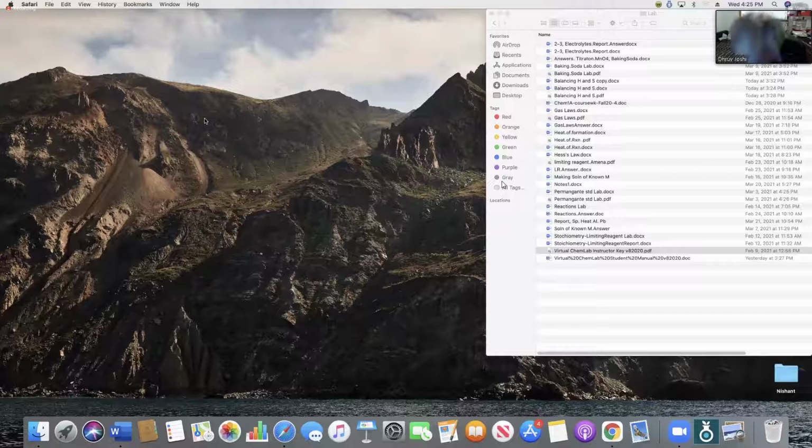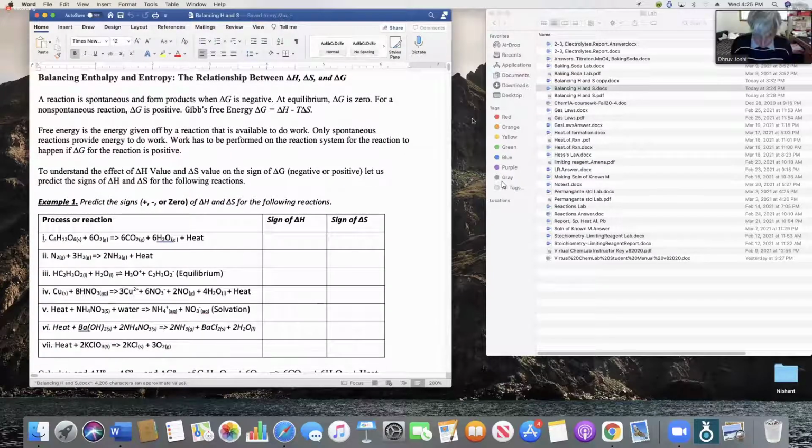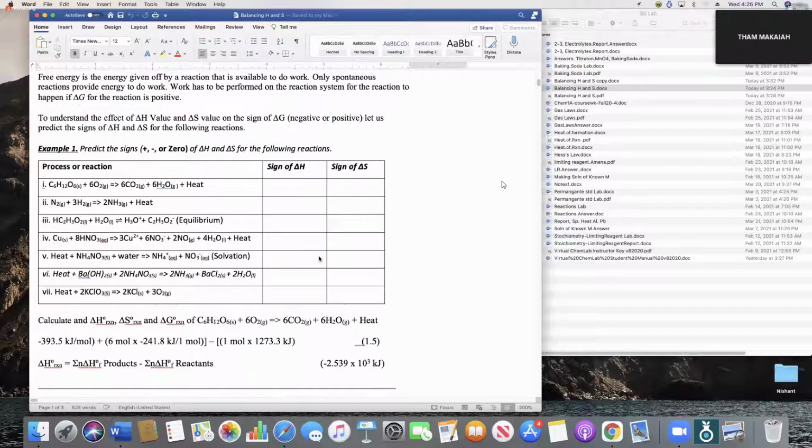Did I give it to you? I thought I gave it to you already: the delta S of sodium ion and chloride ion, and NaCl separately for solid. What about the other reaction?